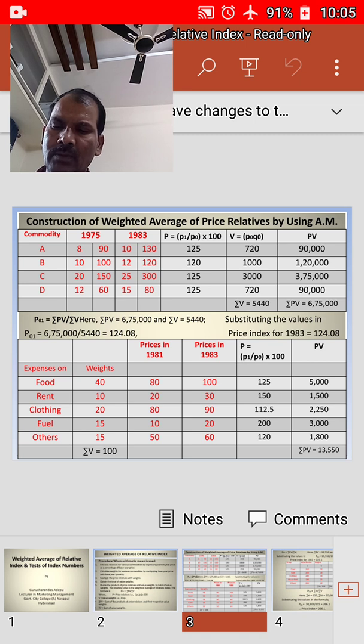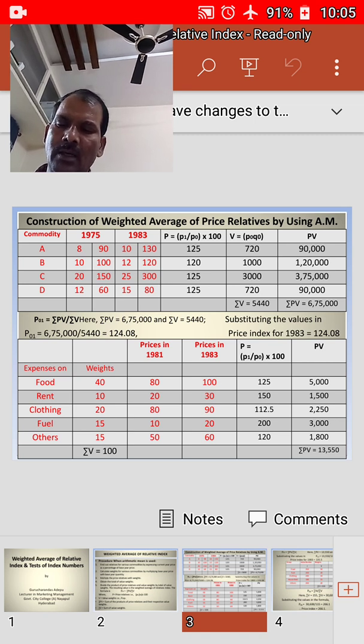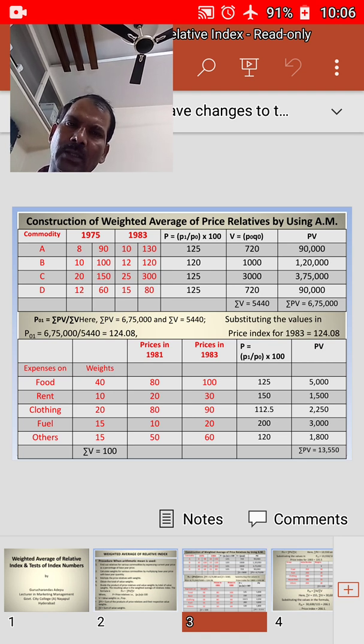The 40% for food, 10% for rent, 20% for clothing, 15% for fuel, and 15% for other miscellaneous, right? And prices in 1981 is given that food has 80, okay, and rent 20, clothing 80, fuel 10, others 50. Price in 1983, food 100, rent 30, clothing 90, fuel 20, others 60. Okay, he was asked to compute the index number by using weighted arithmetic mean of price relative method.